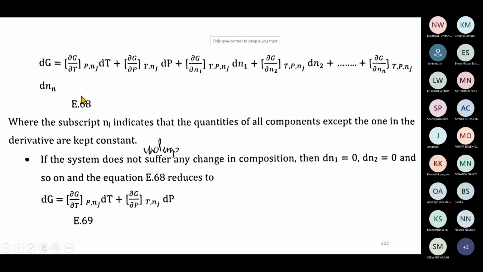So then this expression becomes dg equals the partial of g with respect to t at constant p and nj, times dt, that was the first term, plus the partial of g with respect to p at constant t and nj, times dp. So now this one is simplified.